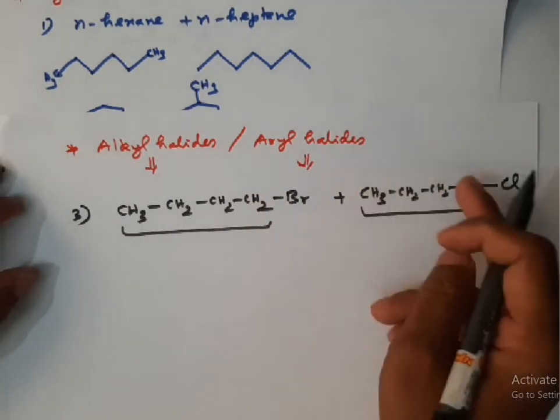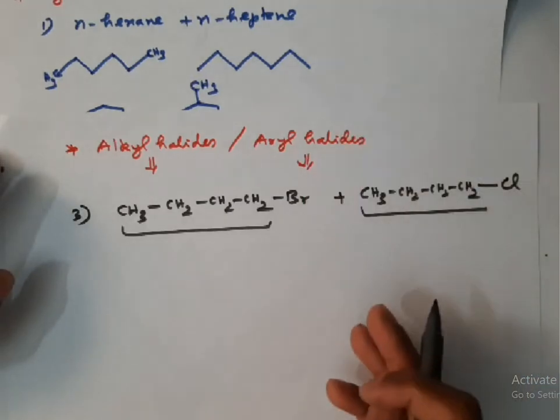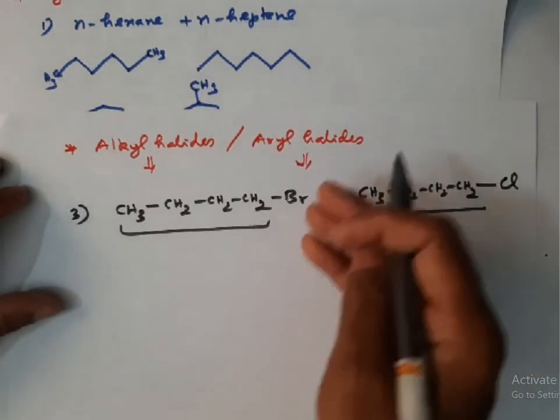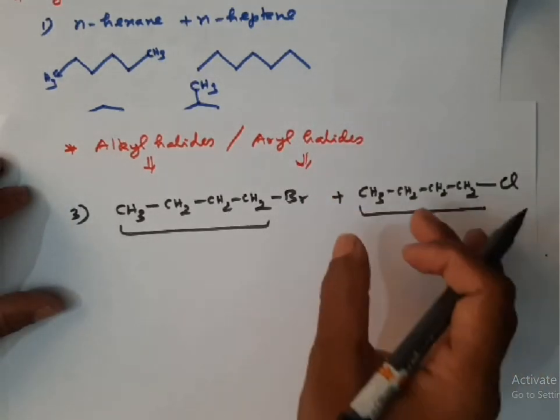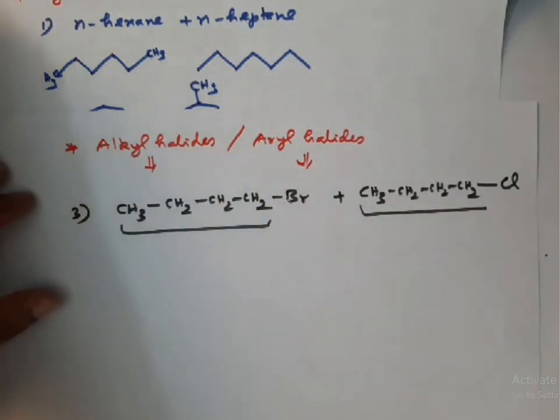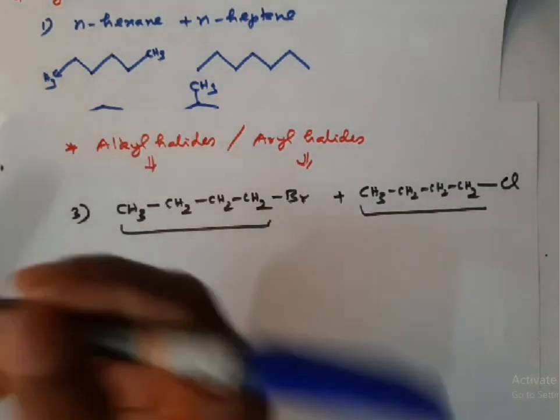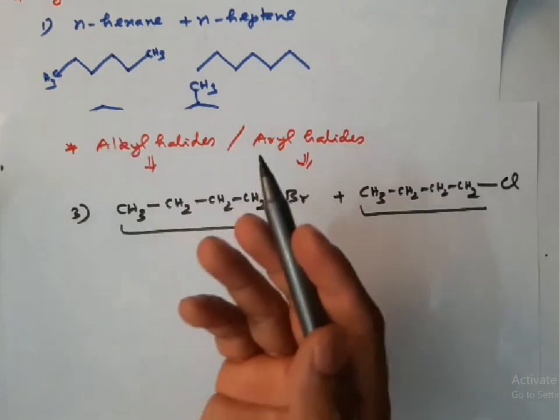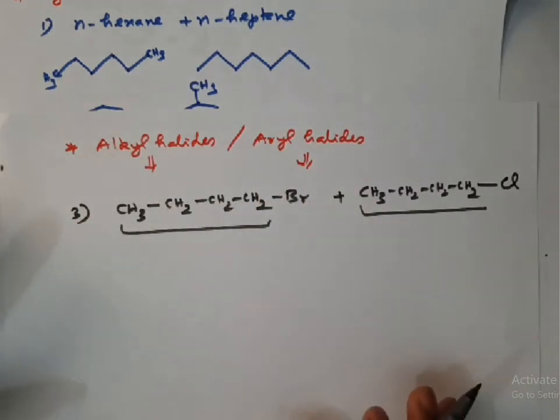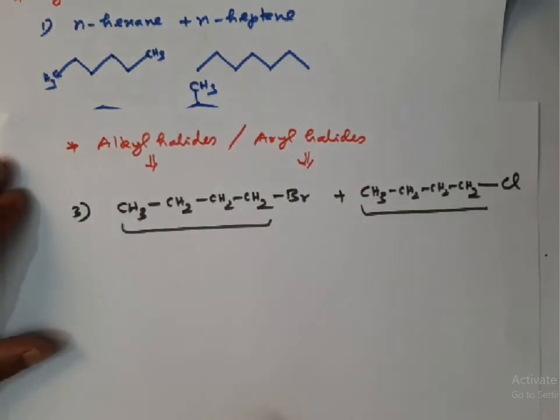So they are adjacent halogens. In the halogen family, chlorine and bromine are in adjacent positions. Therefore, the difference in molecular mass is not very high. There is no huge difference, only a small one. They form an ideal solution.